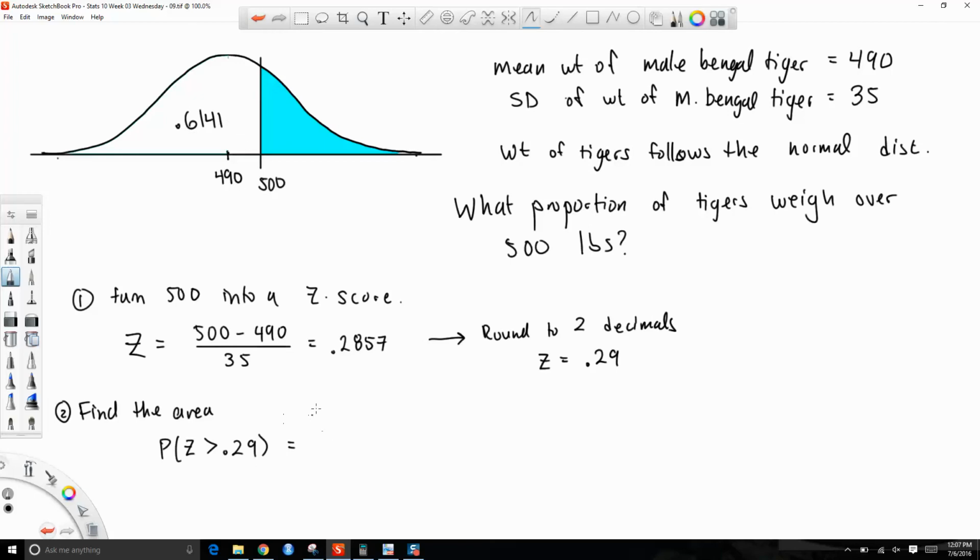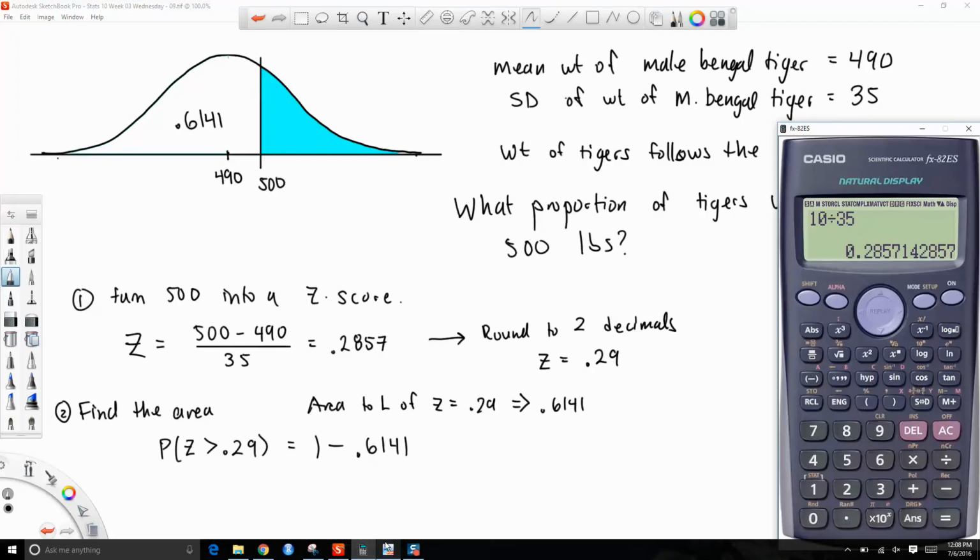So the area to the left of z equal to 0.29 is 0.6141. The area to the right is going to be 1 minus that, and I have 0.3859.